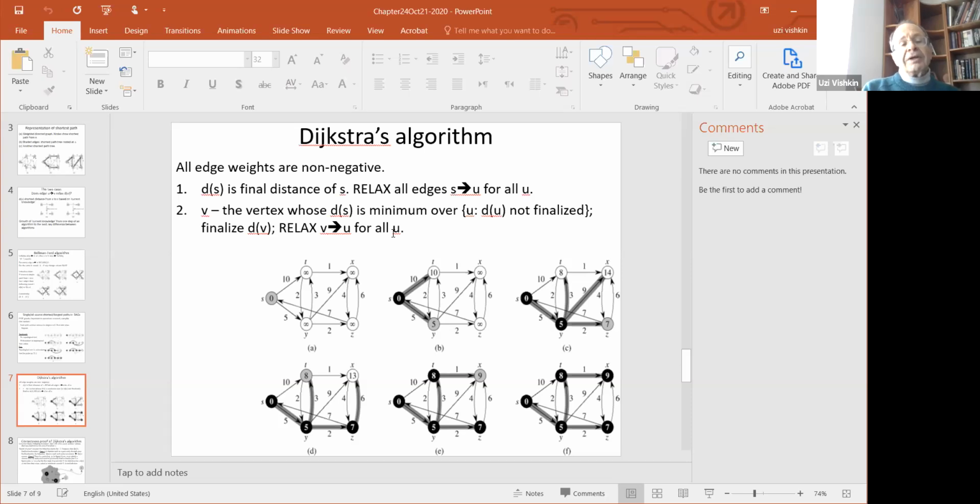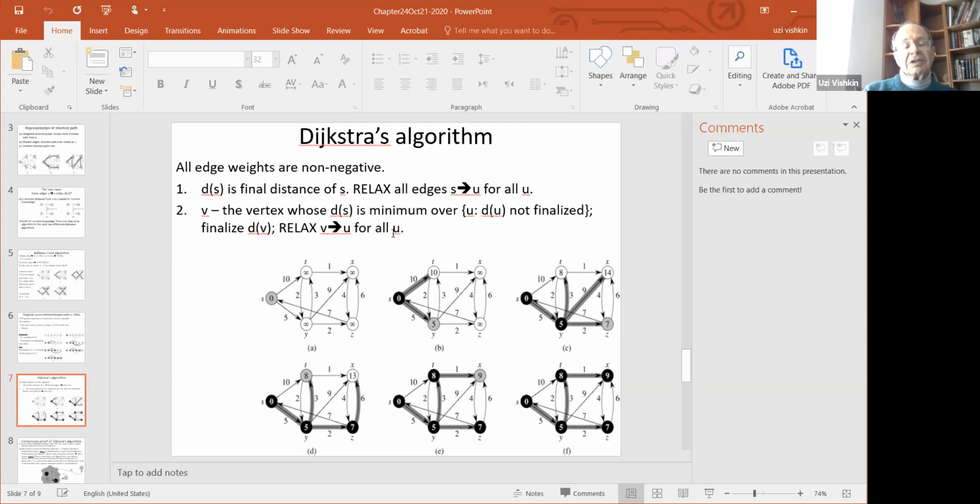We are going to use the same notation as before, d of v, the computed distance of a node v from a starting node s.